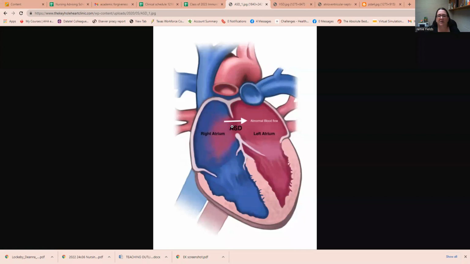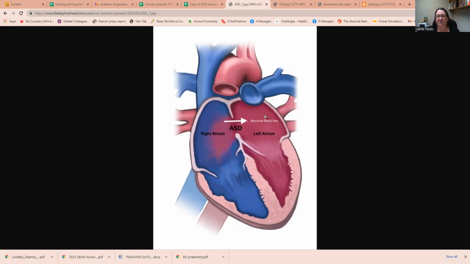Okay. So first of all, atrial septal defect is an opening between the atria. And the first thing I'm going to say is that this arrow is probably going the wrong way. So ignore that arrow. We have the right atrium, that's deoxygenated blood that is going out to the lungs.